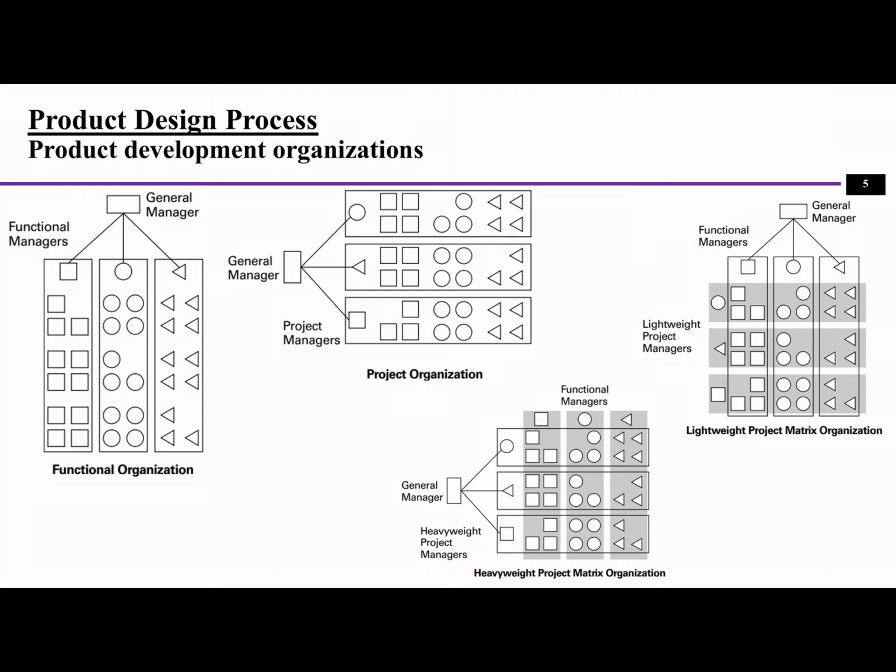A good part of this is that functions can be managed by functional managers, and projects can be managed by project managers, and they can communicate well. So this is the benefit of this kind of organization.